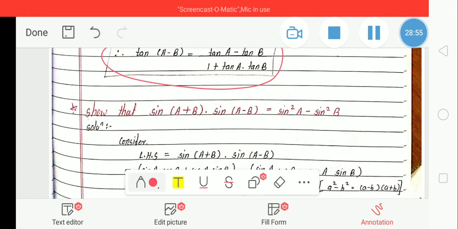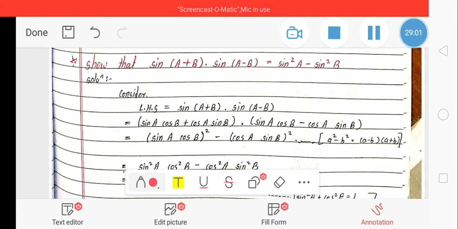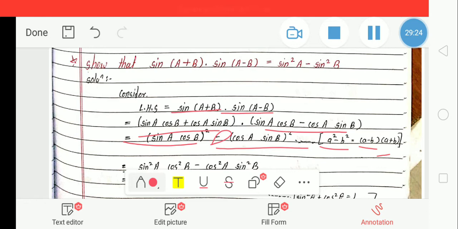Now show that sin(a plus b) multiplied by sin(a minus b) is equal to sin square a minus sin square b. So we take the LHS, meaning sin(a plus b) sin(a minus b). We know the values of sin(a plus b) and sin(a minus b), we can write this way. Now we know (a minus b)(a plus b) is equal to a square minus b square, so take the square and take a minus.